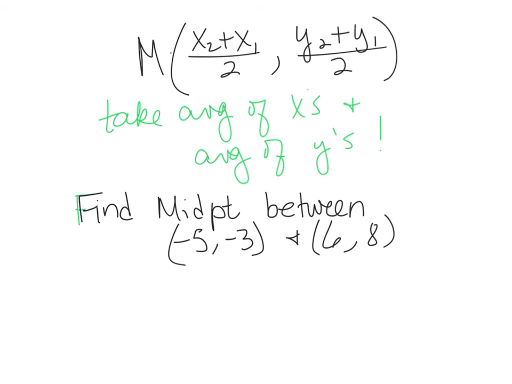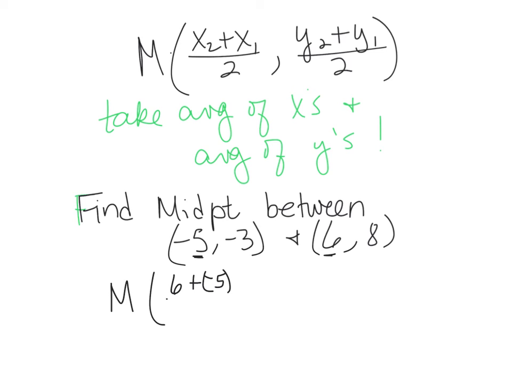We need to take the average of the x's and the average of the y's. So the midpoint is at, looking at my x's, 6 plus -5. I would normally just write 6 minus 5, but I wanted to confirm this plus sign right here.